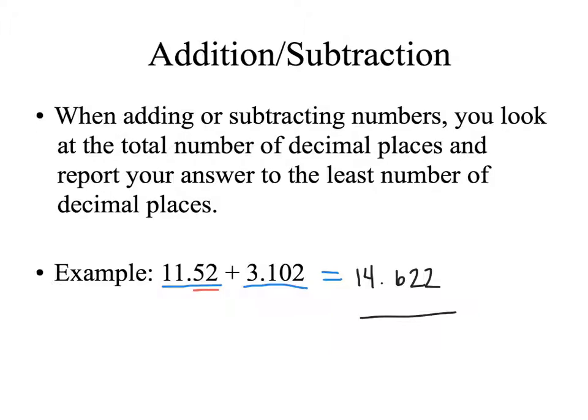So my first number has 2 decimal places, and my second number has 3 decimal places. This means that I can only report my final answer to 2 decimal places. So I would have to round it at this position, and the answer would become 14.62.